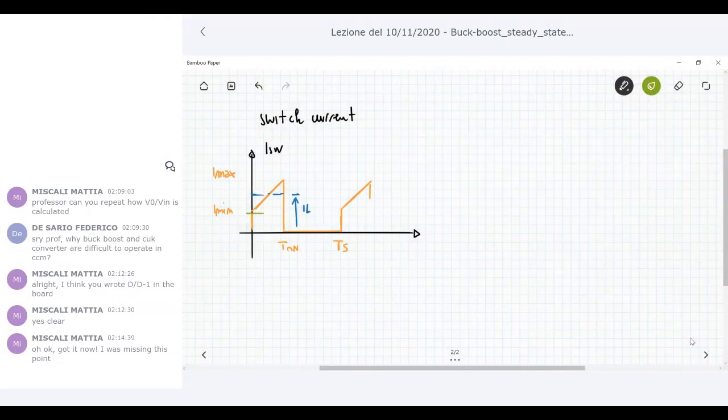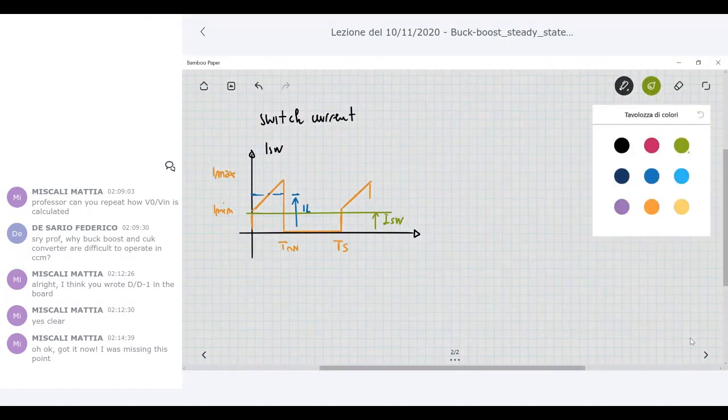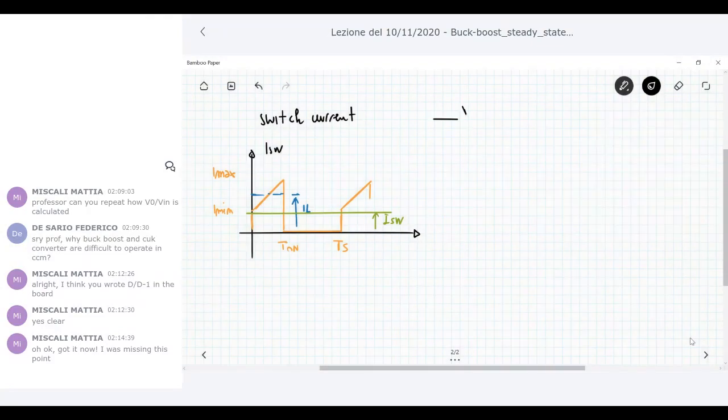And then you also have an average value, this one, of the switch current, I switch. The average value of the switch current is the input current, because you have the switch connected exactly at the input side. This happens, for example, in the buck.